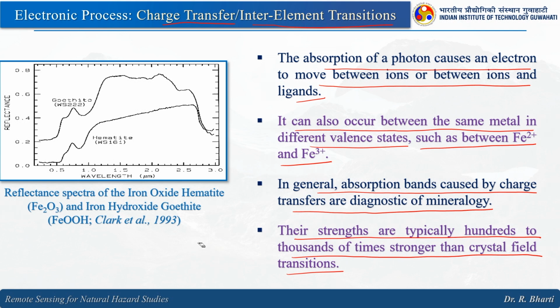So, when we talk about one particular material, the strength of charge transfer or inter-element transitions will be much stronger than the crystal field transitions, right. Here you can see the reflectance spectra of iron oxide hematite and iron oxide goethite. Here you see how these two appear in the spectra.